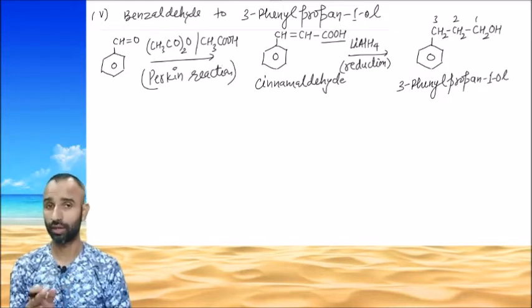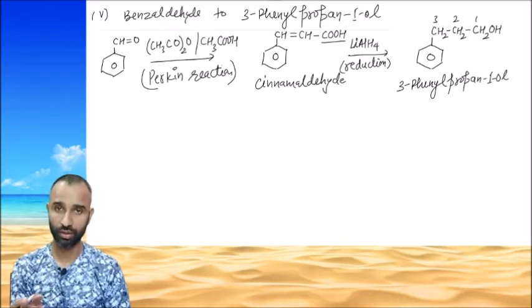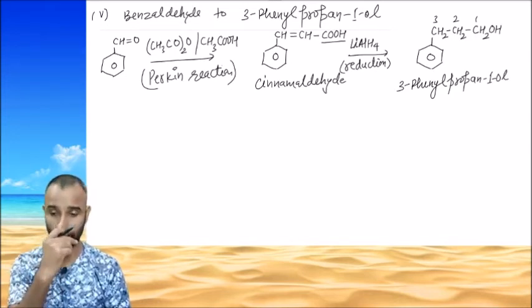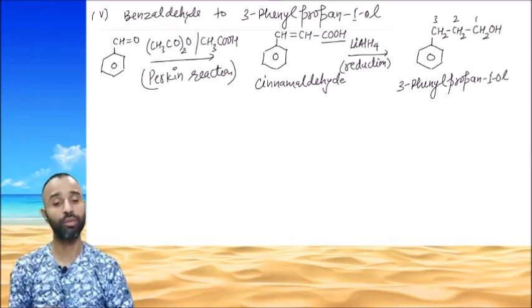It cannot reduce a double bond, but if the double bond is in conjugation with the ring, or it is a conjugated double bond, then it can be reduced by lithium aluminum hydride.